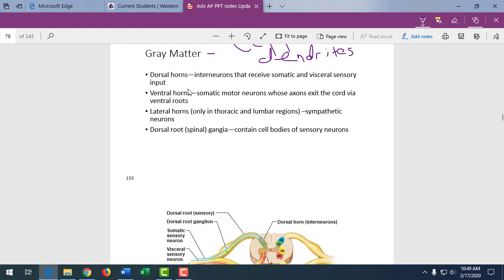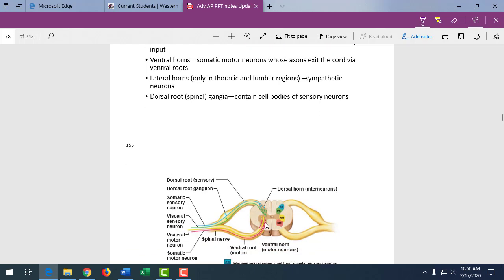So the dorsal horn and the ventral horn, and then the lateral horn we see only in the thoracic and lumbar regions of the spinal cord. Those contain sympathetic neurons, but we're not going to talk about the lateral horn. That's part of the autonomic nervous system. I want you to just know the dorsal and ventral. That's most important. So this is sensory, this is motor.